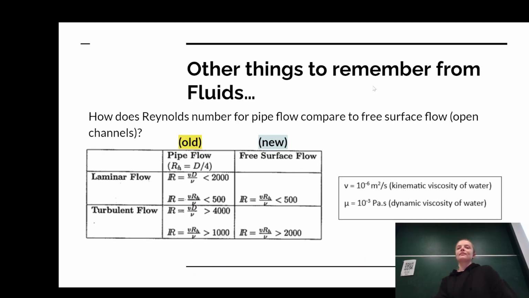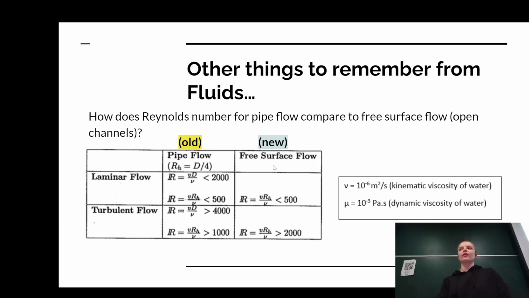I'm sure you remember Reynolds number from 2500, right? Remembering how we did Reynolds number in pipe flow, we had Re equals VD over nu, with some values for what counts as laminar and what counts as turbulent.